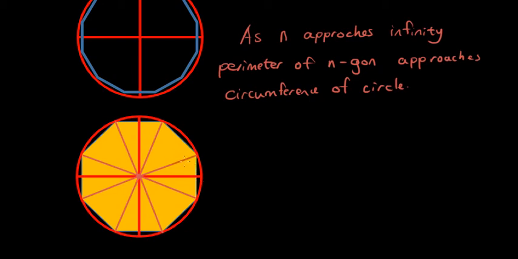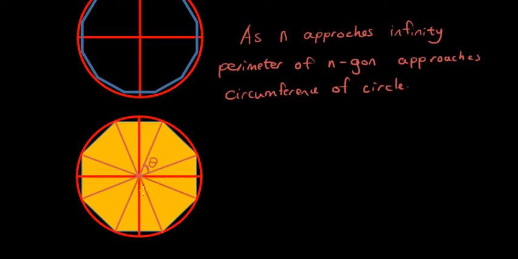We have created exactly 8 triangles, and for each triangle we are now going to find the angle at the center of the circle, theta.